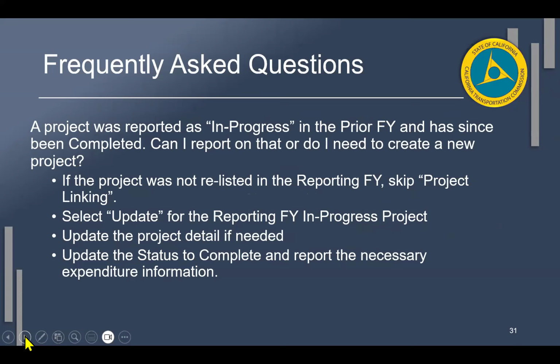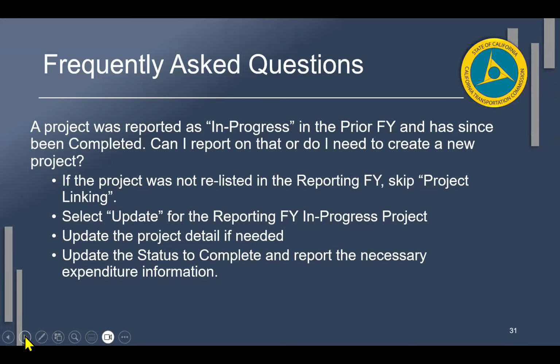So a project was reported as in progress in the prior fiscal year and has since been completed. Can I report on that or do I need to create a new project? We've actually seen people create a new project because for whatever reason, they don't think that they can continue reporting on a project that was previously in progress, despite all of our best efforts in our trainings.